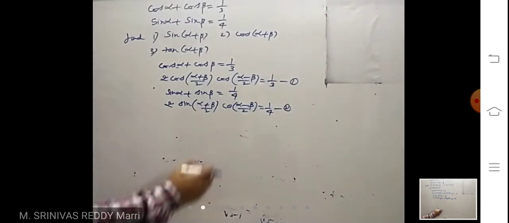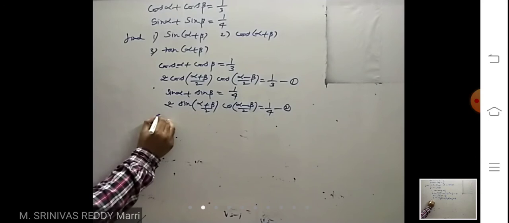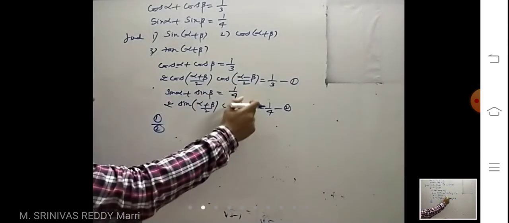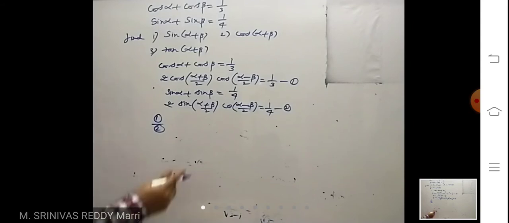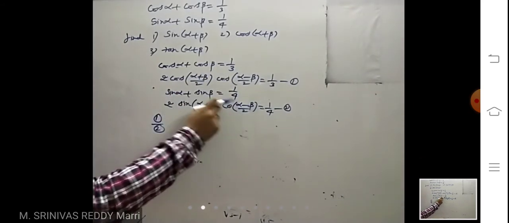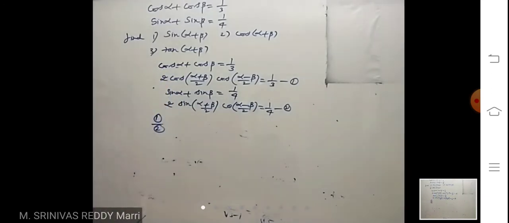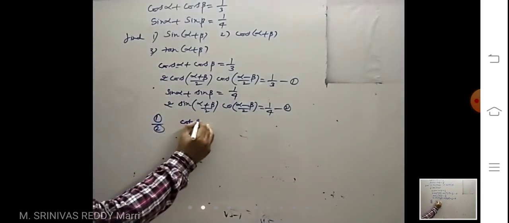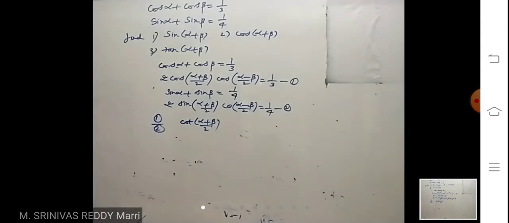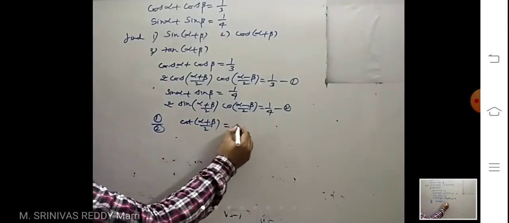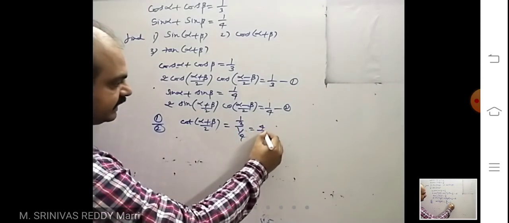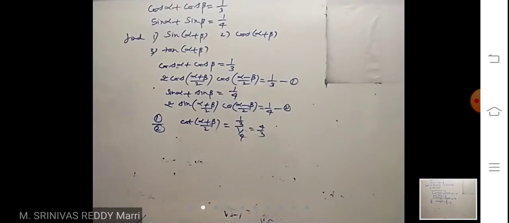Right? Now I want to divide the first by the second, because the common factor is there and will get cancelled. Cos of alpha minus beta by 2 will get cancelled, and the 2 will get cancelled. You will get cot of (alpha plus beta) by 2 equal to 1 by 3 divided by 1 by 4, that is nothing but 4 by 3.